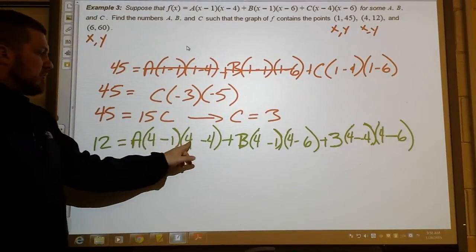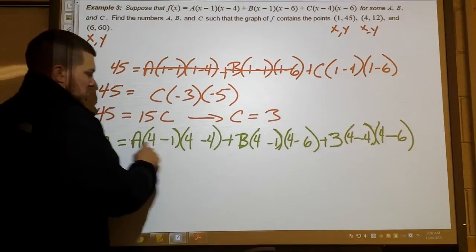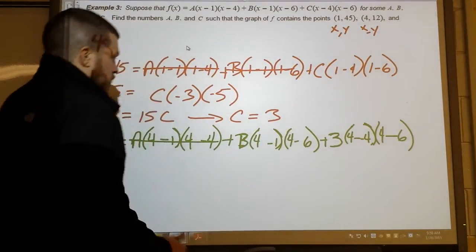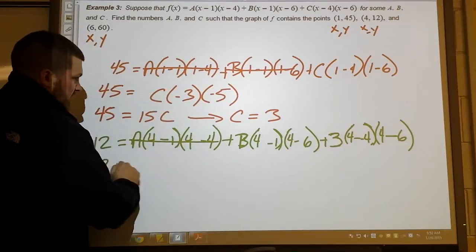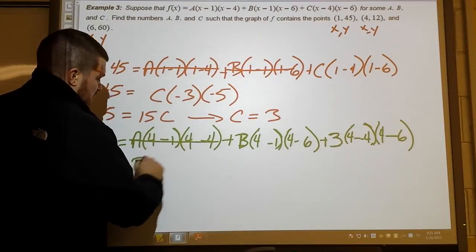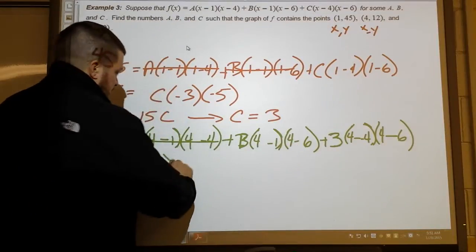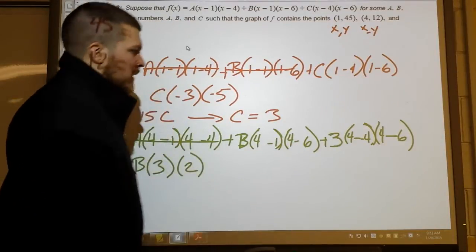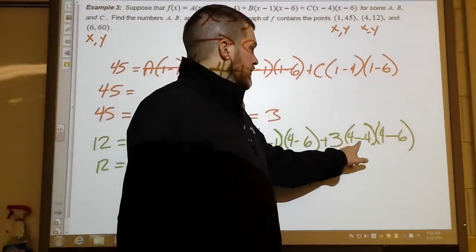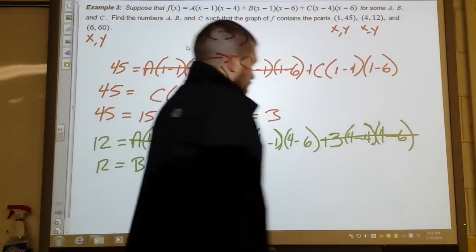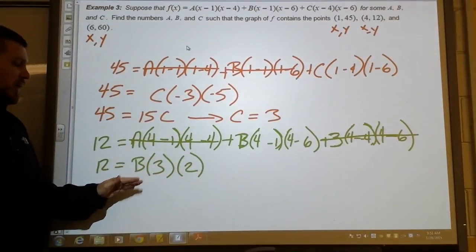In my first term, 4 minus 4 is 0, so my first term is going to cancel out. In my second term, 4 minus 1 is 3, so I have 12 is equal to b times 3. 4 minus 6 is negative 2. Okay, and in my third term, 4 minus 4 is 0, so my third term is going to cancel out. So this is all I have left using my second point.